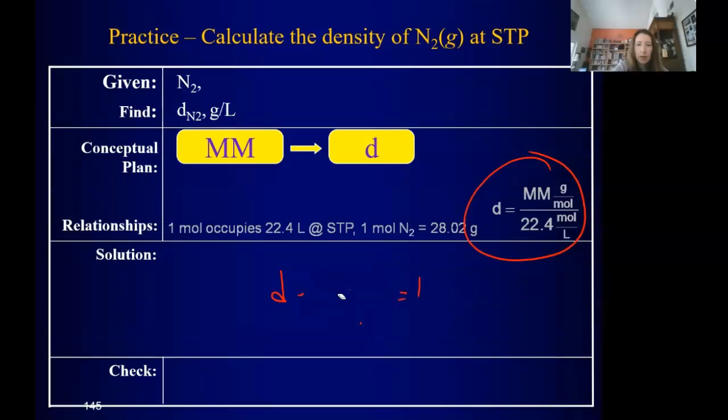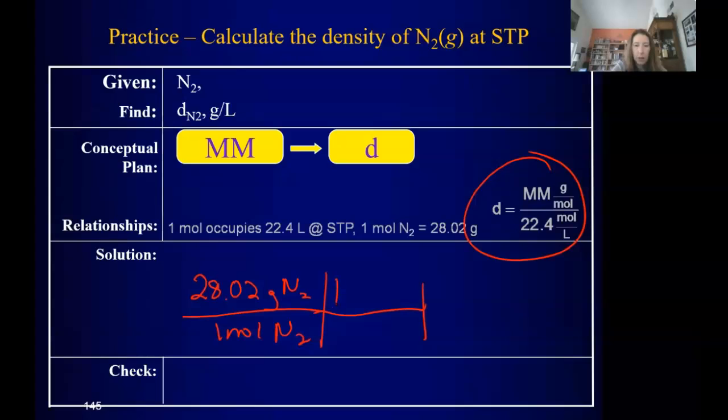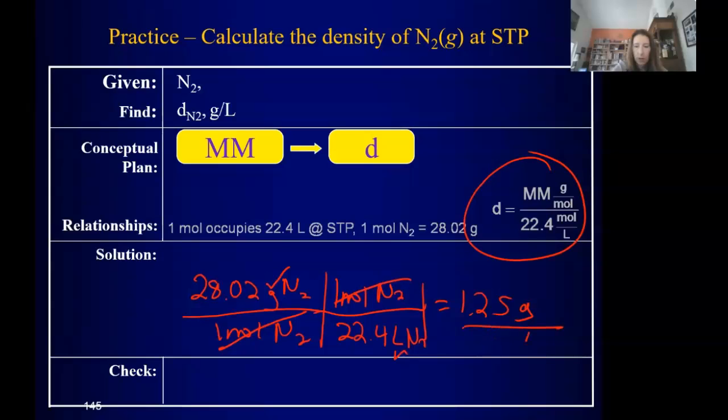So let me just do that the long way. If we have 28.02 grams of N2 in 1 mole of N2, and in 1 mole of N2 there are 22.4 liters of N2, moles cancel, you end up with 1.25 grams over liters.